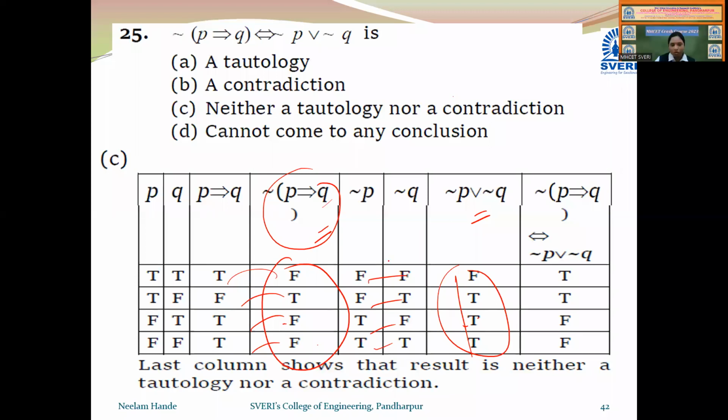In double implication, only TF and FT are false, and FF and TT are true. Same values are true, different are false. Please mute, please mute. So here it becomes true, true and two false.